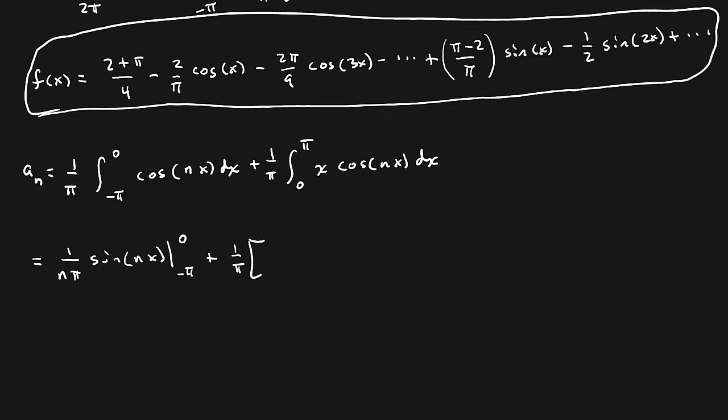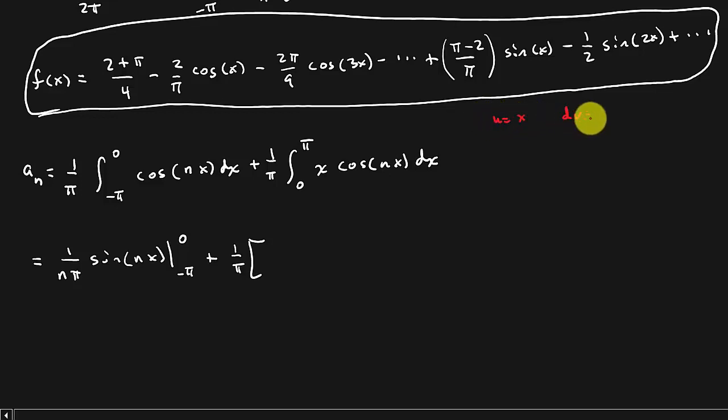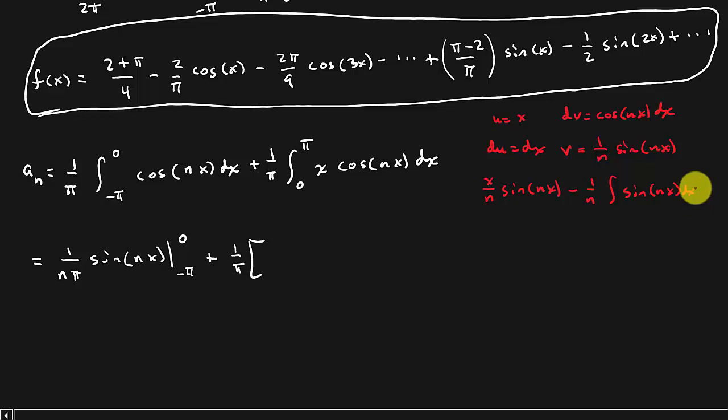So let's just come over here and do, all right, so we've got u equal x, dv is equal to cosine nx dx. And so I get du is dx, v is 1 over n sine nx. Okay, and so we get x over n times sine nx minus 1 over n times the integral of sine nx dx.